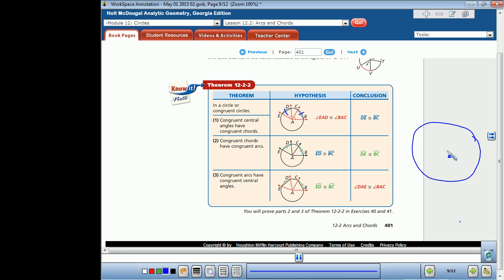Hopefully y'all can draw a better looking circle than I. It's the first rule. Okay, so if this is congruent to that, then that is congruent to that, and that is congruent to that.